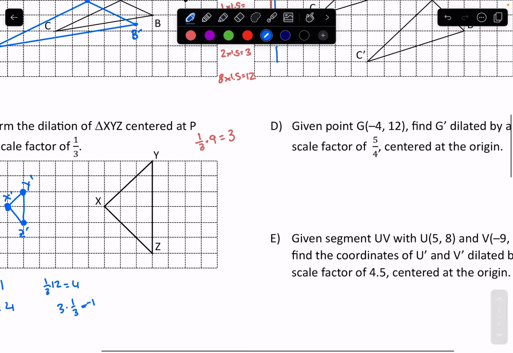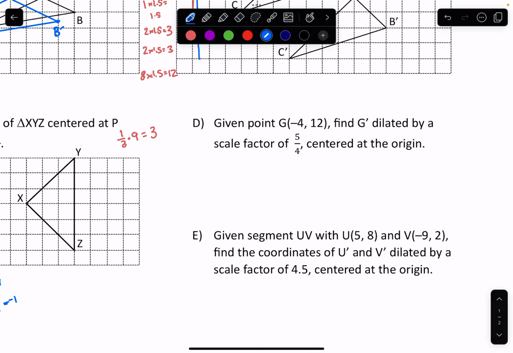Okay. All right, given the point G, which is -4, 12, find G prime dilated by a scale factor of 5/4. Well, that's easy. I don't even have to count because it gives me the numbers right there. So G prime is going to equal, I've just got to multiply both of these numbers by 5/4.